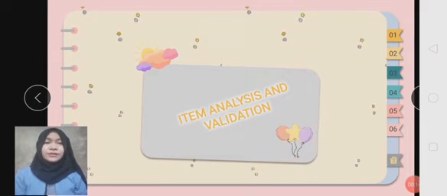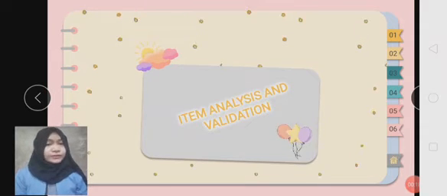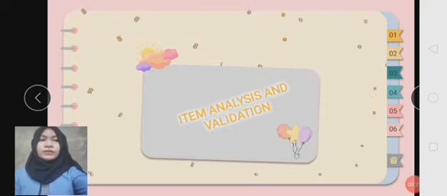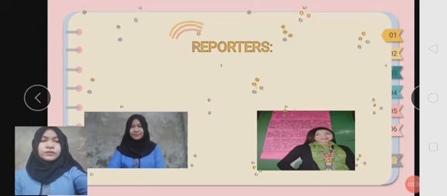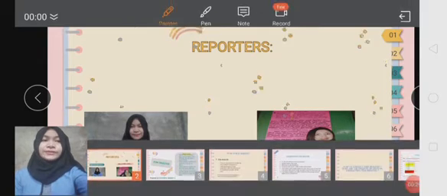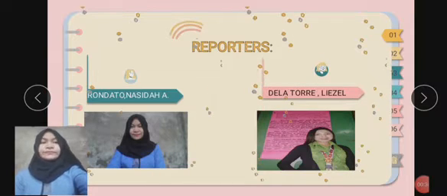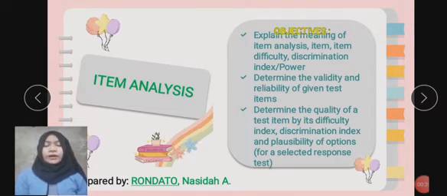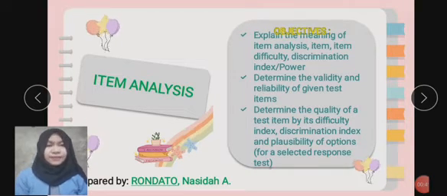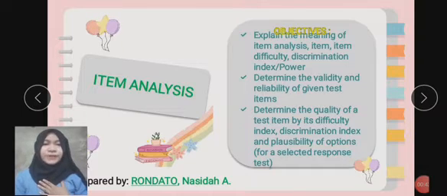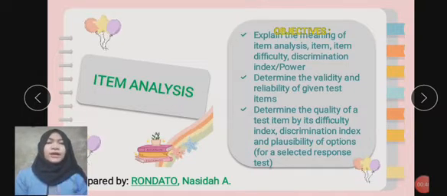We are now on chapter 6, which is item analysis and validation, which we're going to discuss to you. Okay, let's tackle first the item analysis, which is the part that I'm going to explain to you, while the validation will be explained by Miss Dela Torre.